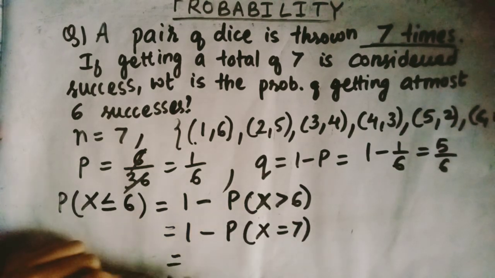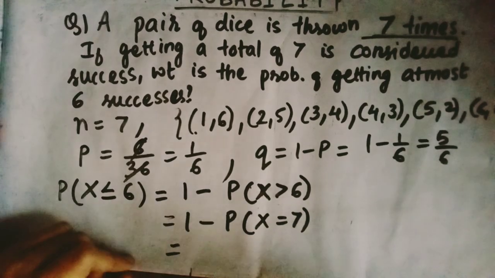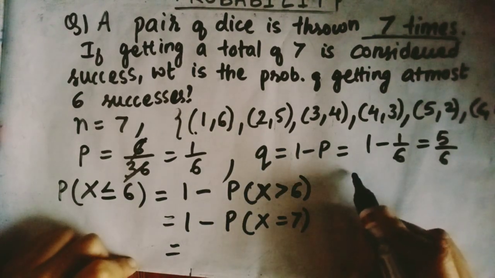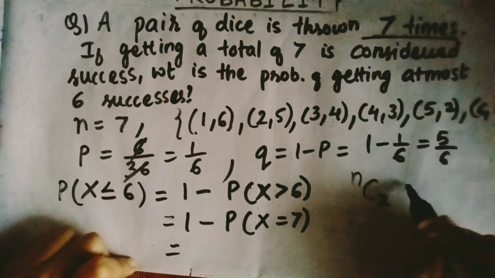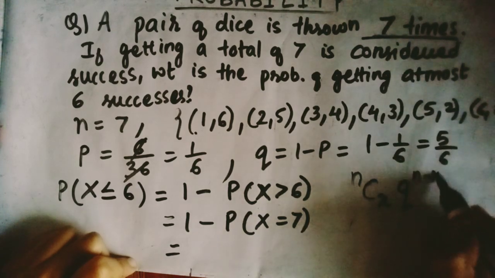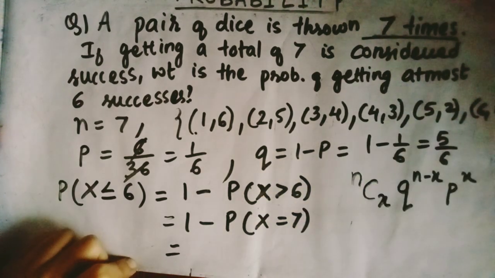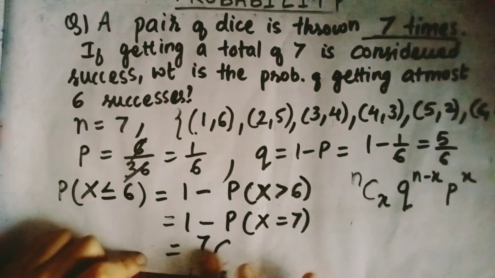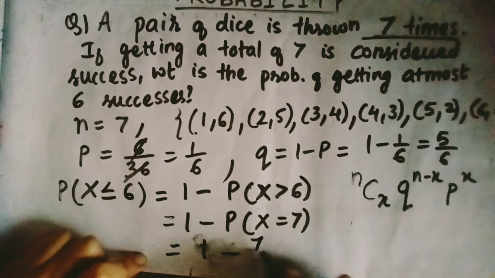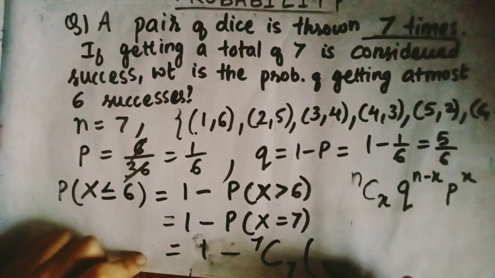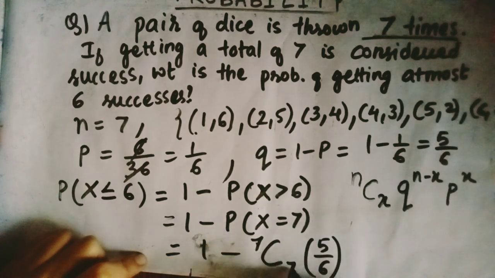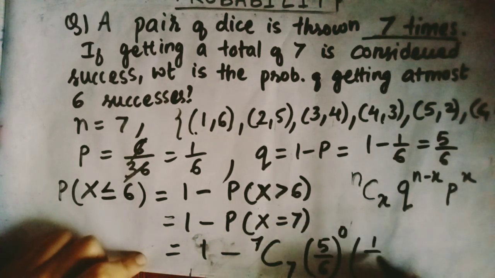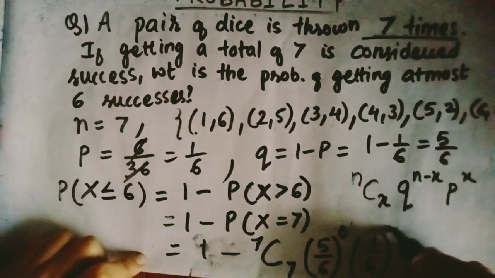Then you have to apply the binomial distribution formula, which is nCx q raised to n minus x, p raised to x. So n is your 7, 1 minus 7C7, x is also 7, q is 5 by 6 raised to 7 minus 7 which is 0, and 1 by 6 raised to 7.